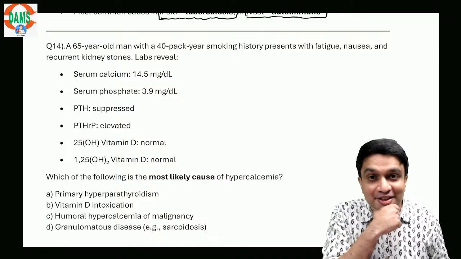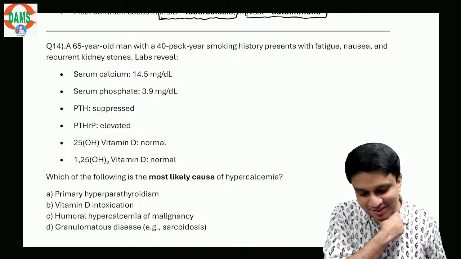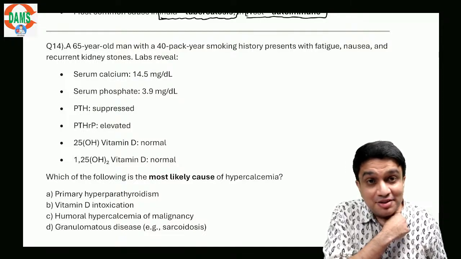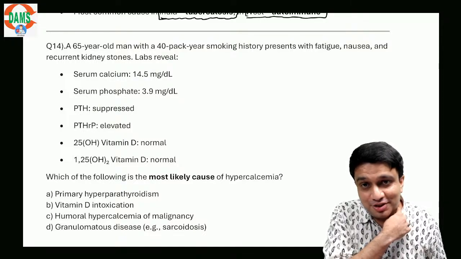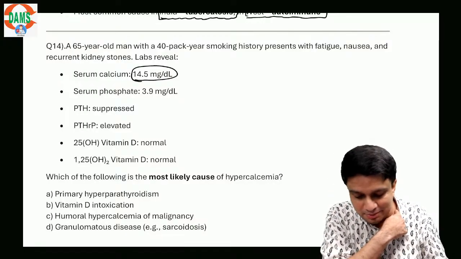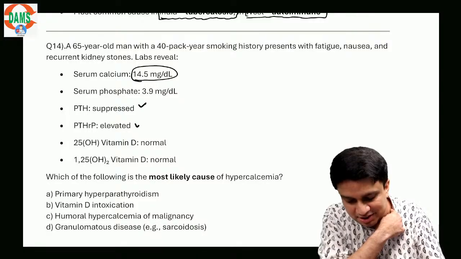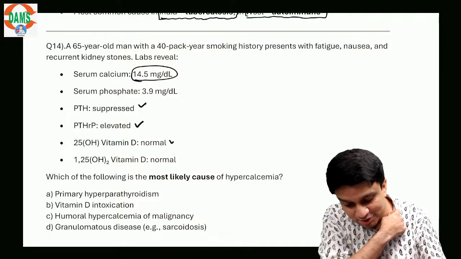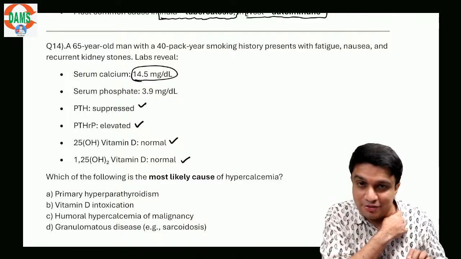Right. A 65-year-old male patient with 40 pack year smoking history with fatigue and nausea and recurrent stones has come with a calcium which is 14.5. PTH is suppressed. PTHrP is elevated. Now this is important. Vitamin D is normal and the other form of vitamin D is also normal.